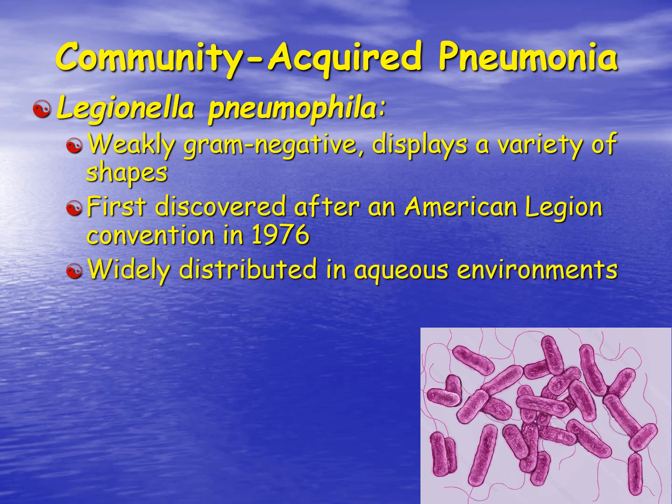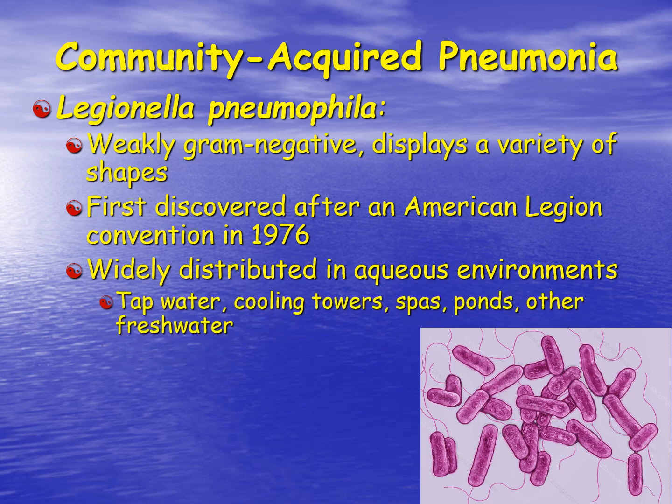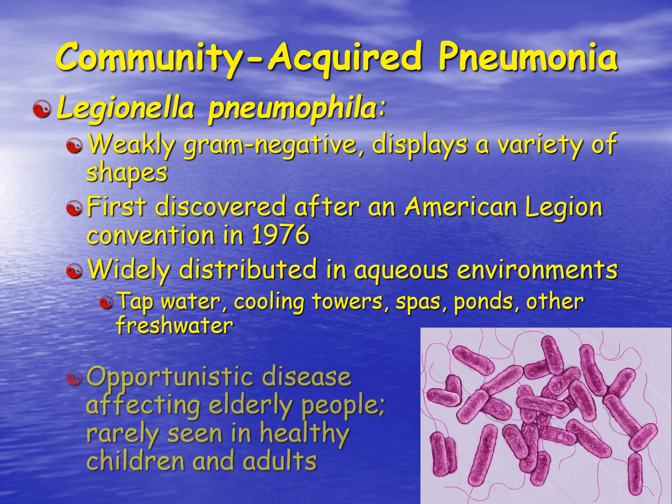We do now know that this is actually widely distributed, however, in aqueous environments. So tap water, cooling towers, which is where they found the original Legionella organism, in the cooling towers of the air handling system of the hotel that the convention was in, spas, ponds, other fresh water.